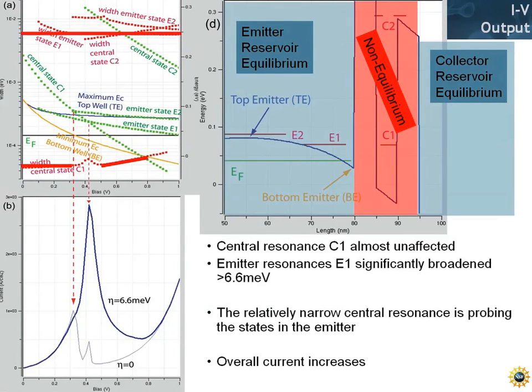In that sense, it's a scattering enhanced current, but it's the scattering in the emitter that is important, not the scattering in the central resonance. It's the scattering in the emitter that determines the peak current here, because it's determining the spectrum out of which you inject carriers.